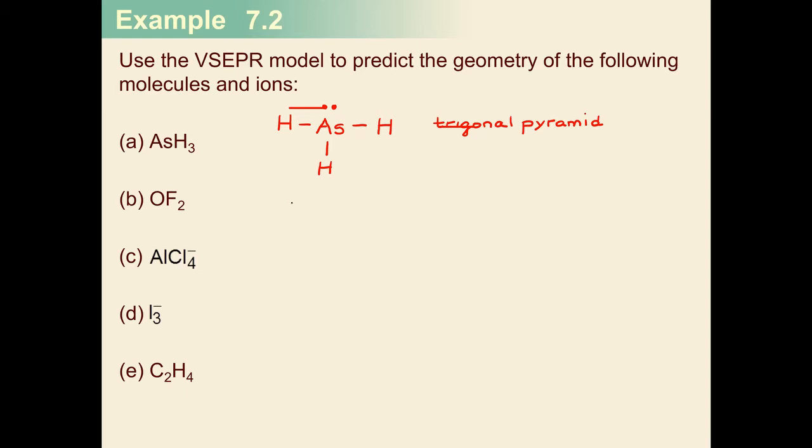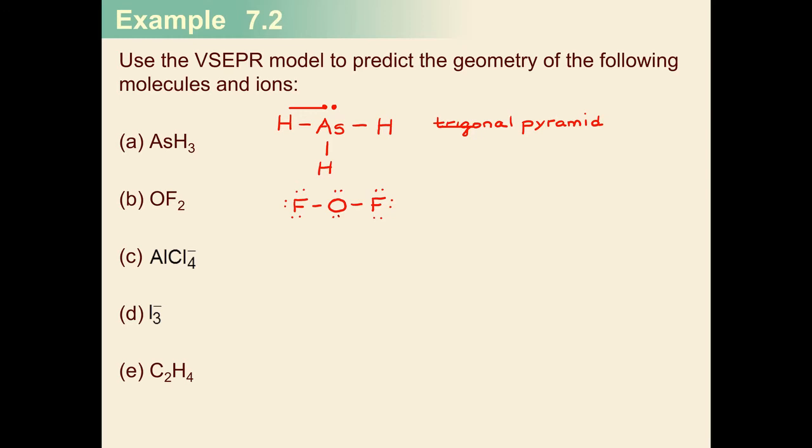So now let's go to our OF2. If I start with my Lewis structure, we are going to have the fluorines on the outside. We have our oxygen in the middle. I have a total of 20 valence electrons. So I will now put those in, the fluorines going first, and then finally I will go and put my lone pairs on my oxygen.